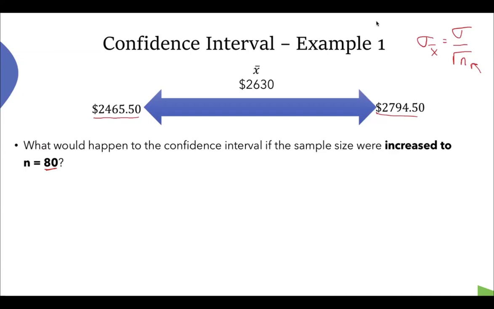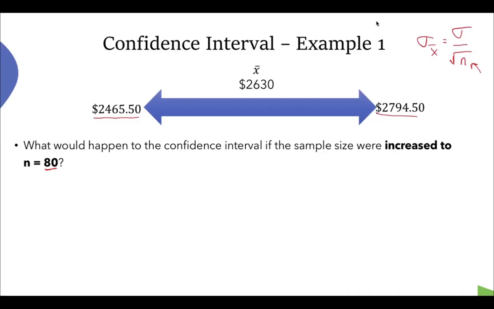That's because the denominator increases in this fraction and gets bigger. So we see that the standard error decreases. We see that the sampling distribution gets more clustered about the mean and more narrow.